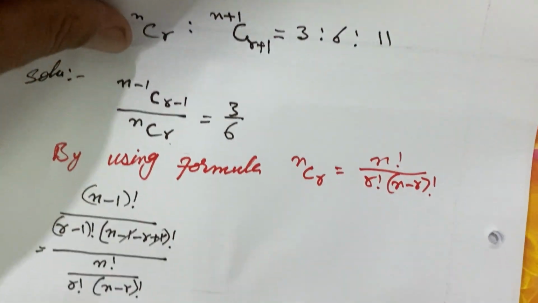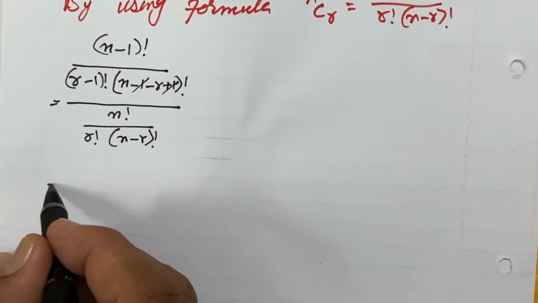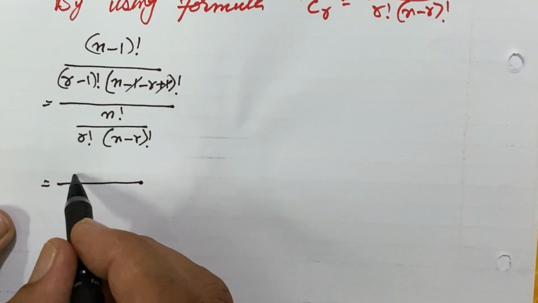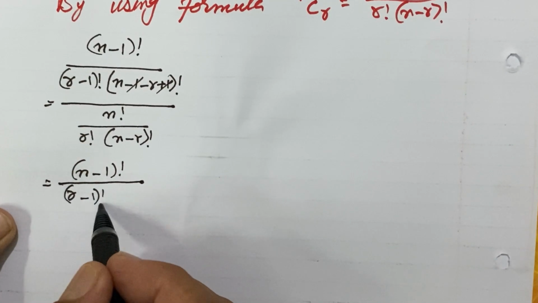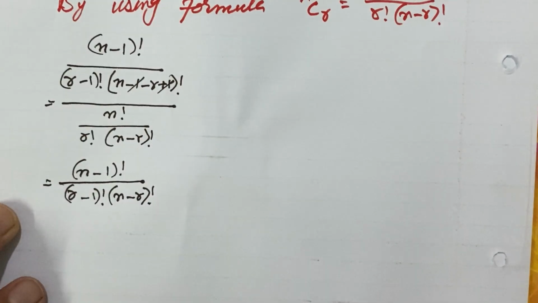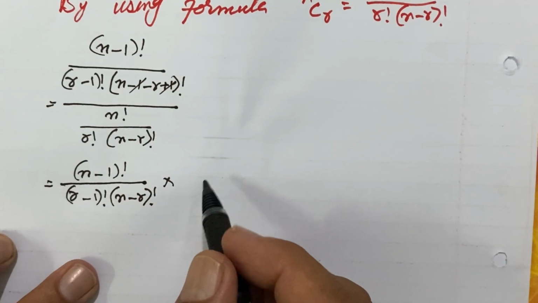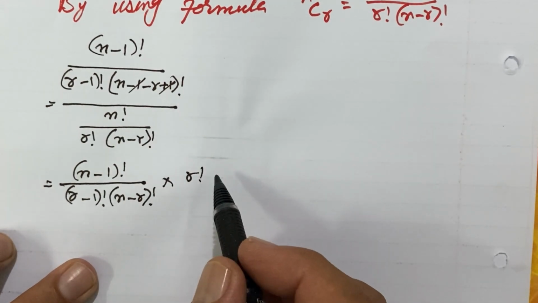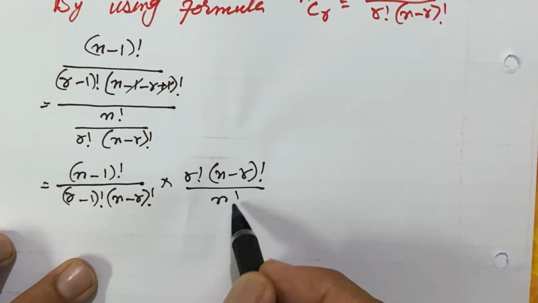Now it is equal to (n minus 1) factorial over (r minus 1) factorial (n minus r) factorial, into r factorial (n minus r) factorial over n factorial.